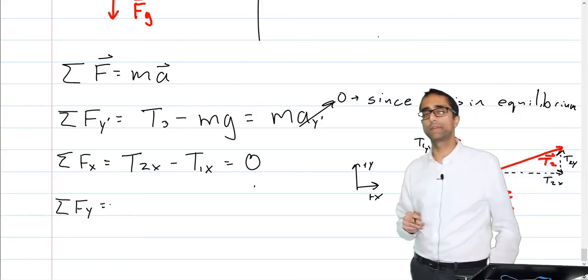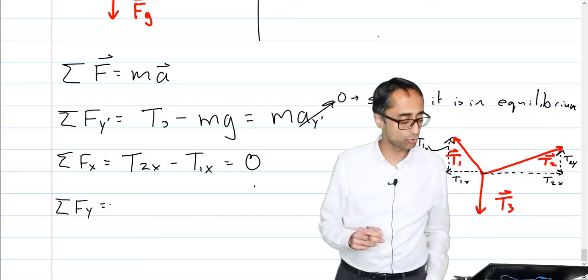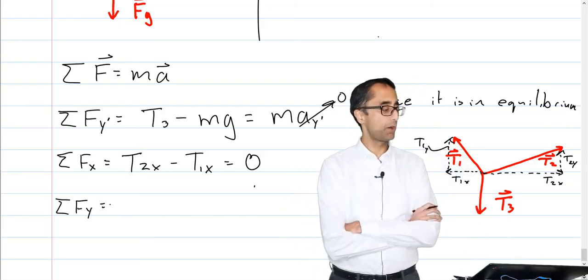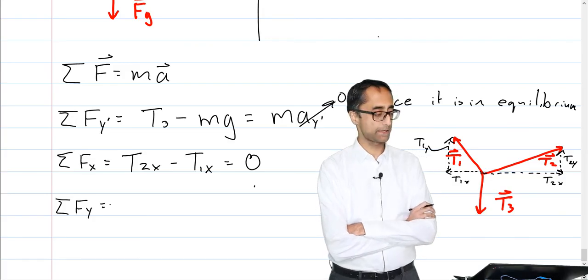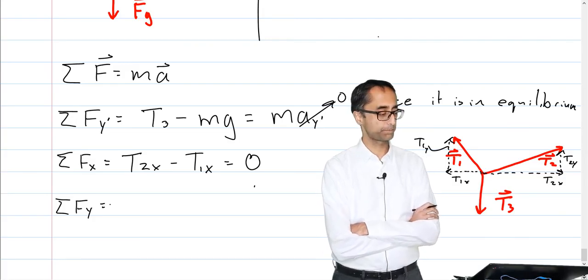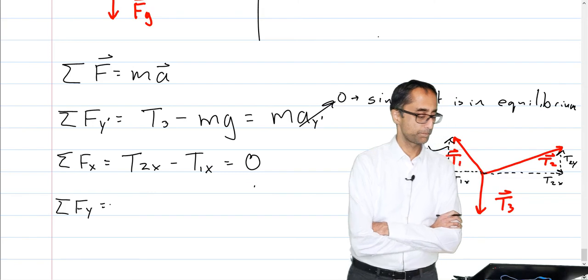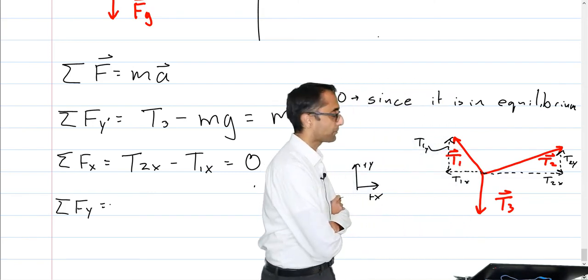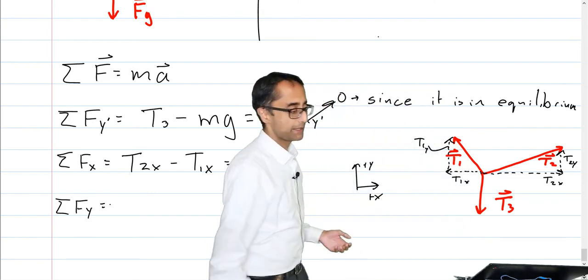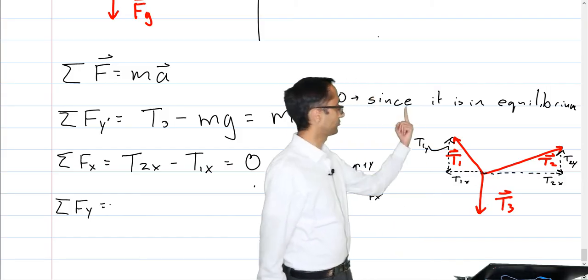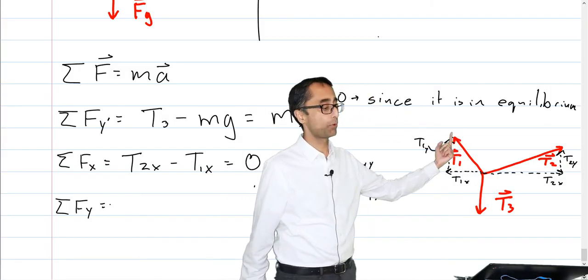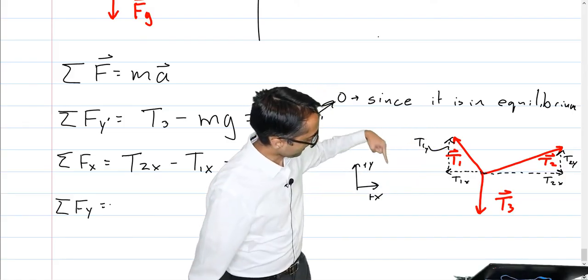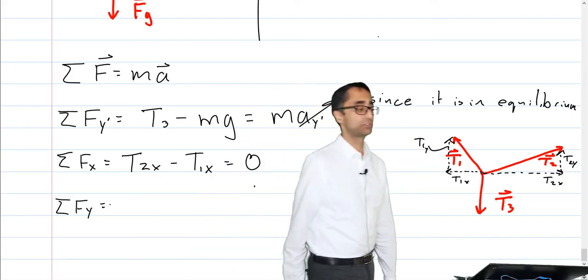In fact, I recommend you give it a pause right now and try to write down the forces in the y direction. Go ahead and try that right now. Okay, we're back, and what we see, of course, is the two tensions going up, T1y and T2y are both up, and they are balanced by T3, which is downwards.